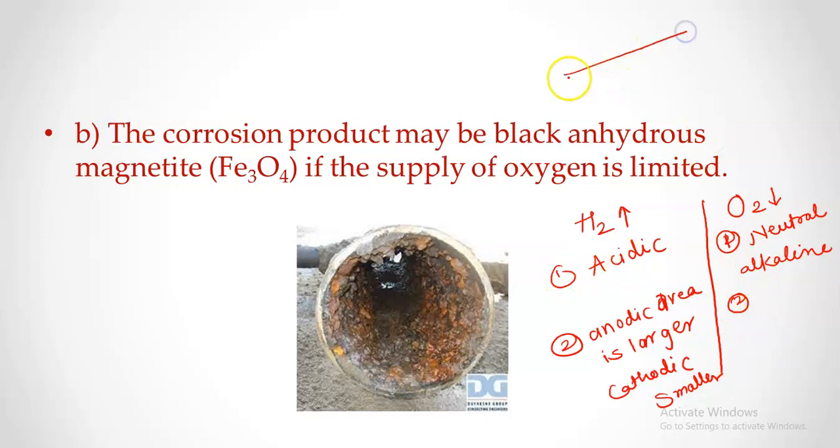You can see here, this is the metal and it is coated with oxide, and if there is a crack, only that cracked part is going to act as the anode. So in the absorption of oxygen mechanism, the anodic area is smaller whereas the cathodic area is larger. So that is all about this corrosion.